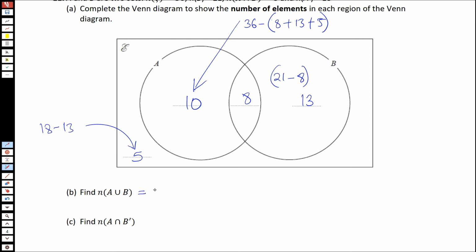So that will be equal to 10 plus 8 plus 13, which will be equal to 31. And then here, this means just A, the number of elements just in A, which will be equal to 10. I just talked about that. So A but not B, which implies just A, and that will be just 10. Okay.